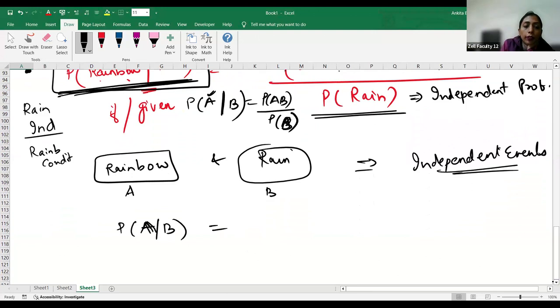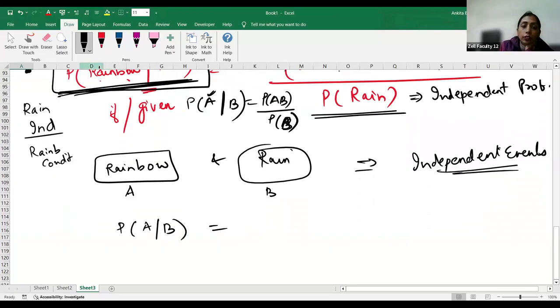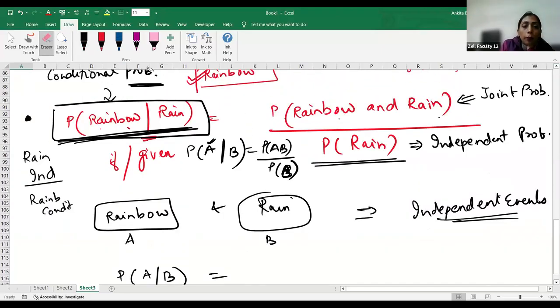You're not understanding my question. Here the A event was a conditional event, therefore I wrote probability of A and B divided by probability of B.